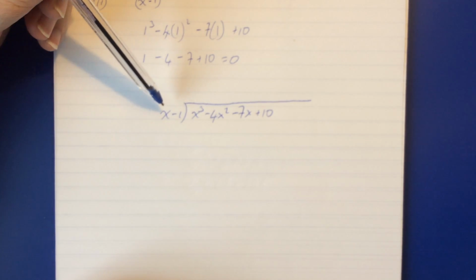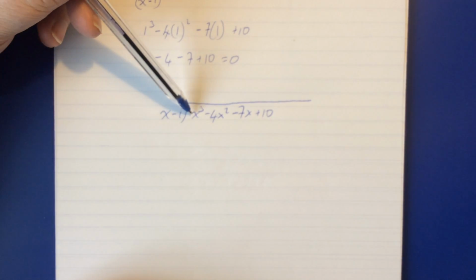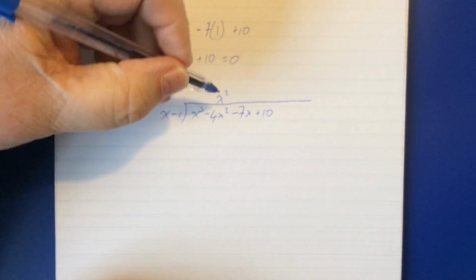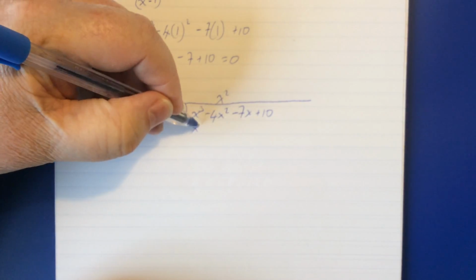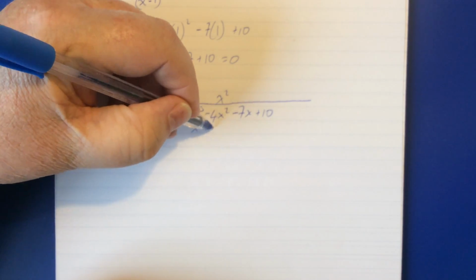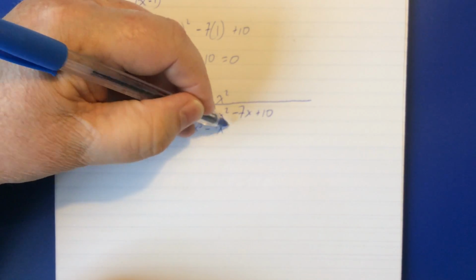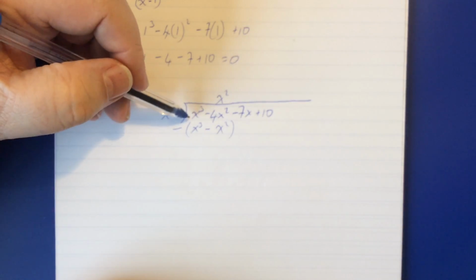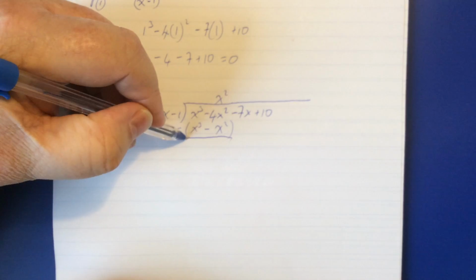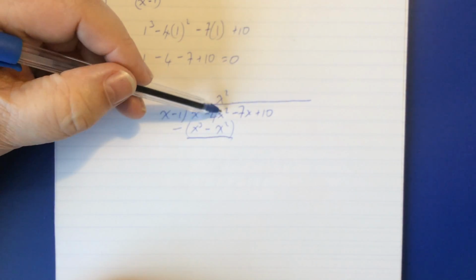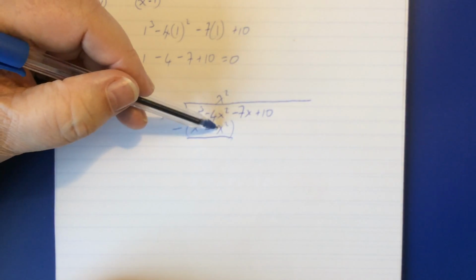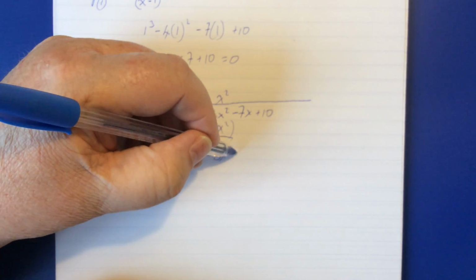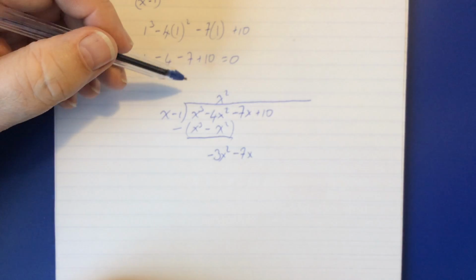Anyway, here we go. So the process is, what do I do to x to get x cubed? Well, I multiply it by x squared, and that gives me x cubed minus x squared. And I subtract that. This disappears. Negative 4x squared essentially plus x squared gives me negative 3x squared, and I bring down the 7x.